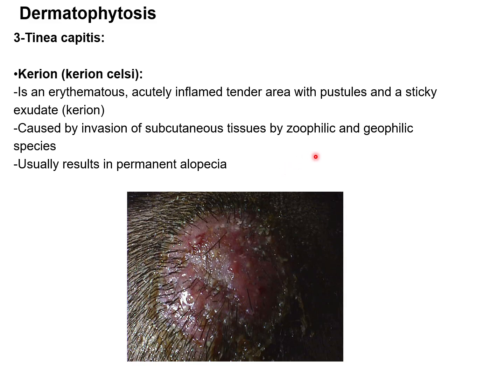And so if invasion happens, you might see this kind of manifestation. We have a reddish area that is inflamed, it's tender, and it has a sticky exudate coming out. This sticky exudate is referred to as kerion. And after it resolves, it usually results in permanent loss of hair and permanent alopecia.